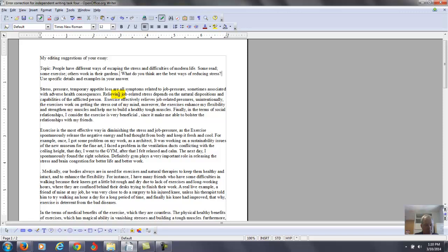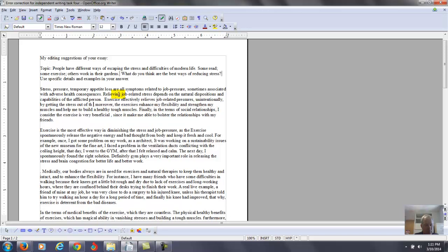Here you have two choices. You have either a semicolon or a comma, a semicolon or a period. Let's put a period here and begin our new sentence. Moreover, this is what's called avoiding comma splices. This is a problem you're having in your writing. Moreover, the exercise, don't even have to say that.